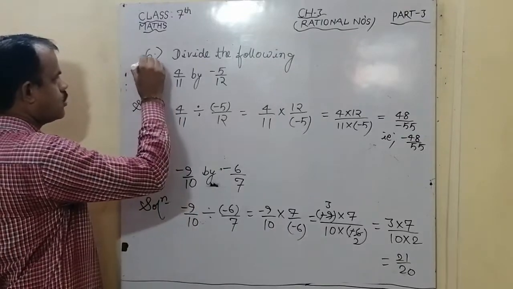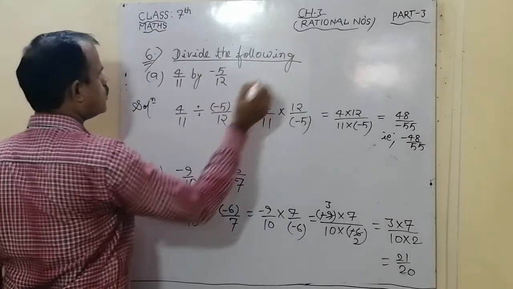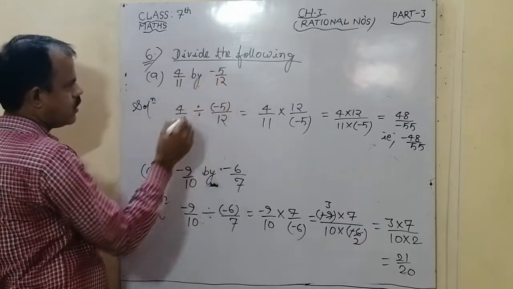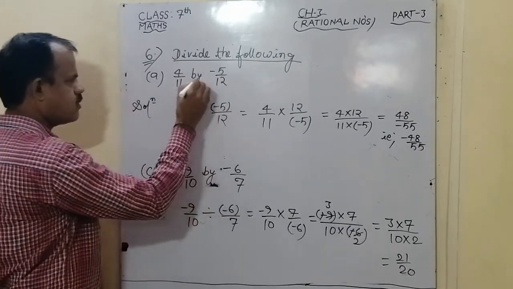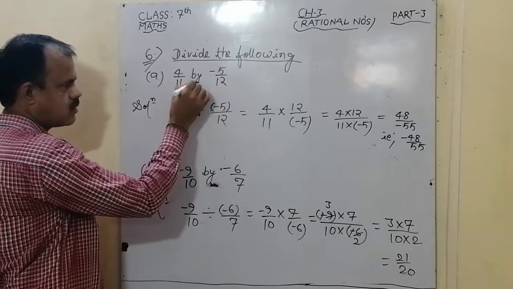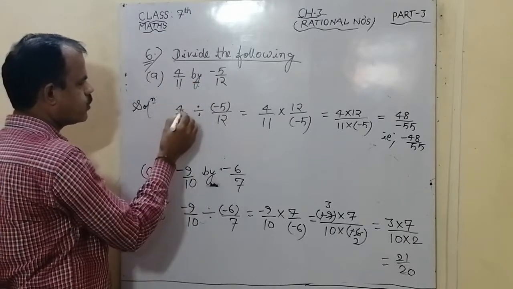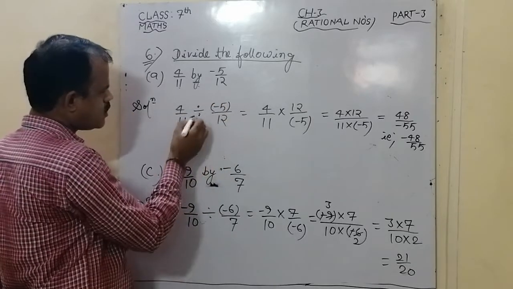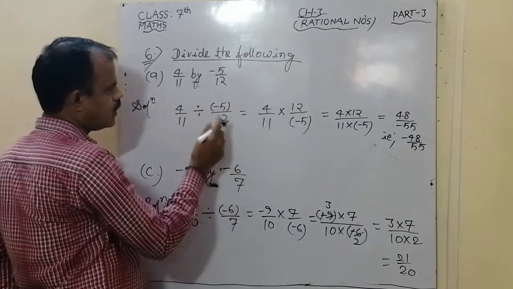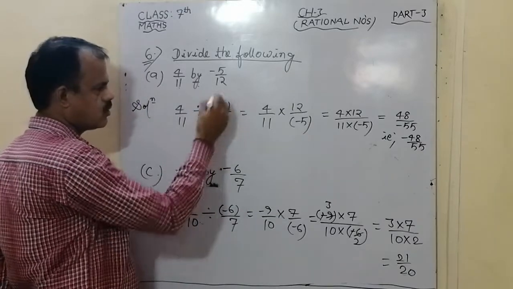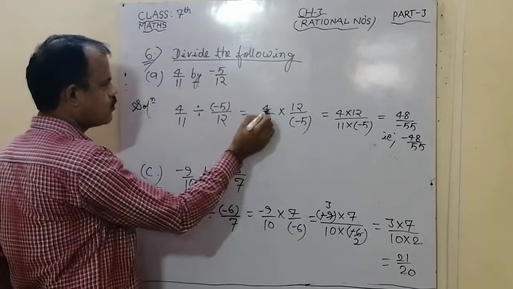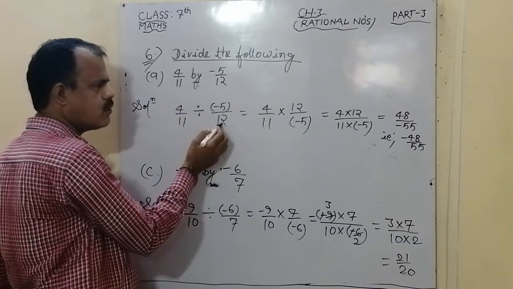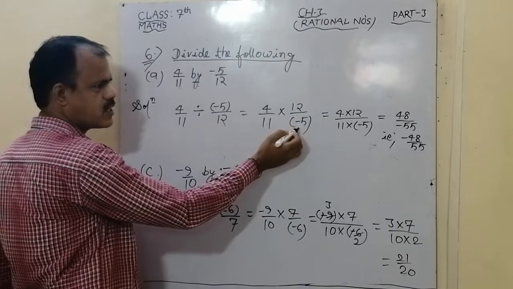Yes student, question number 6. Divide the following: 4 by 11 by minus 5 by 11. So we put here the divide sign at the place of by. So 4 by 11 divided by minus 5 by 11. So when we change this divide into multiply, this number becomes reciprocal. Okay, so we write here 4 by 11 and multiply, minus 5 by 12 is there, so it becomes 12 by minus 5.